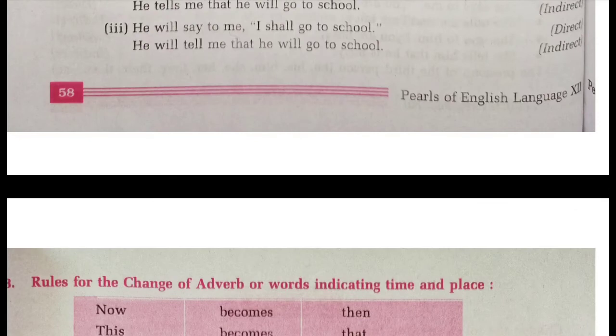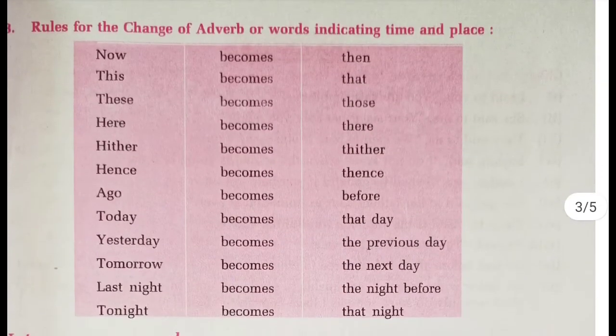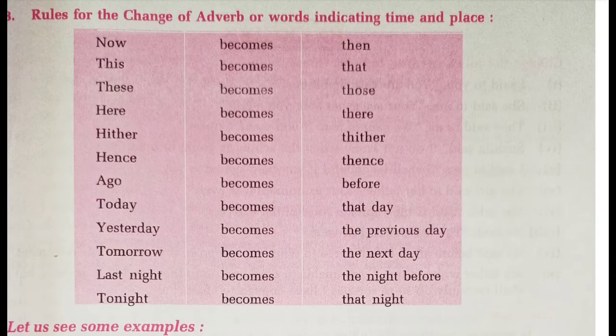Now let's look at the rules for the change of adverb or words indicating time and place. This is something which you also find in the High School English Grammar and Composition by Wren and Martin.